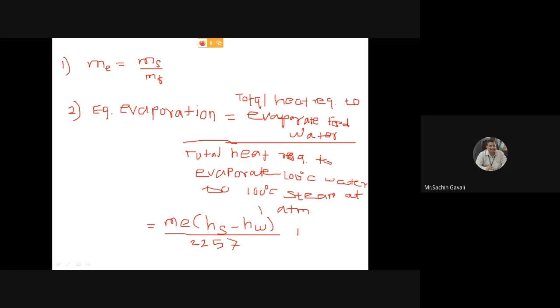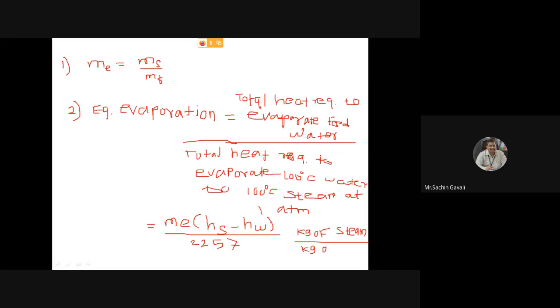And what is the unit for this? Anybody? Rishikesh Deshmukh, roll number 17. Kg of steam divided by kg of fuel, correct?